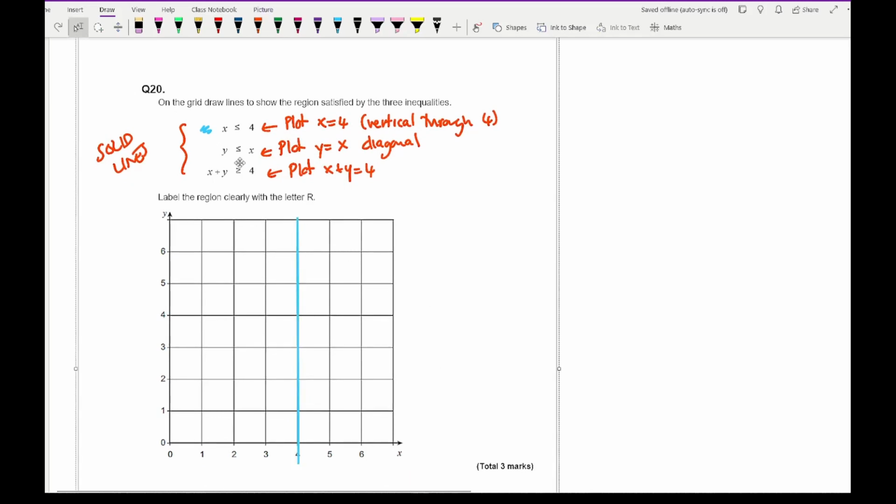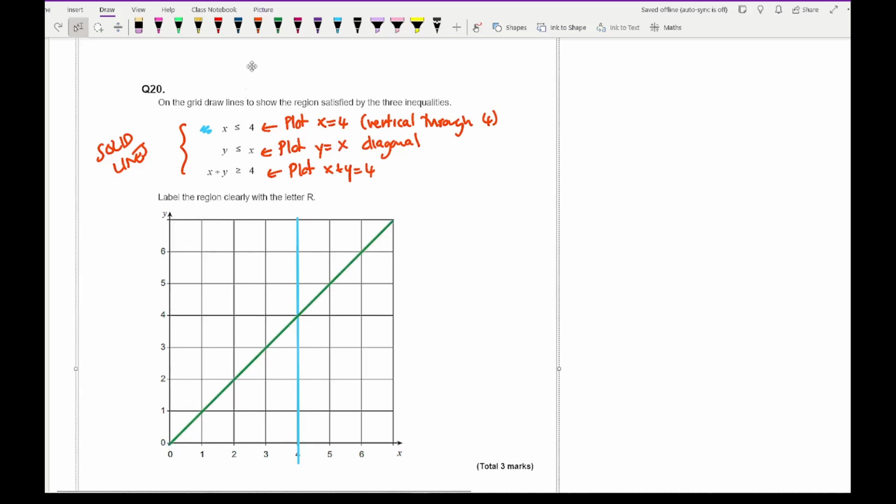Then I need to do y equals x. Again I'm going to use a solid line, and y equals x goes through the coordinates 1 1, 2 2, 3 3, 4 4 and the origin. So it's just a case of drawing a line that looks like that.